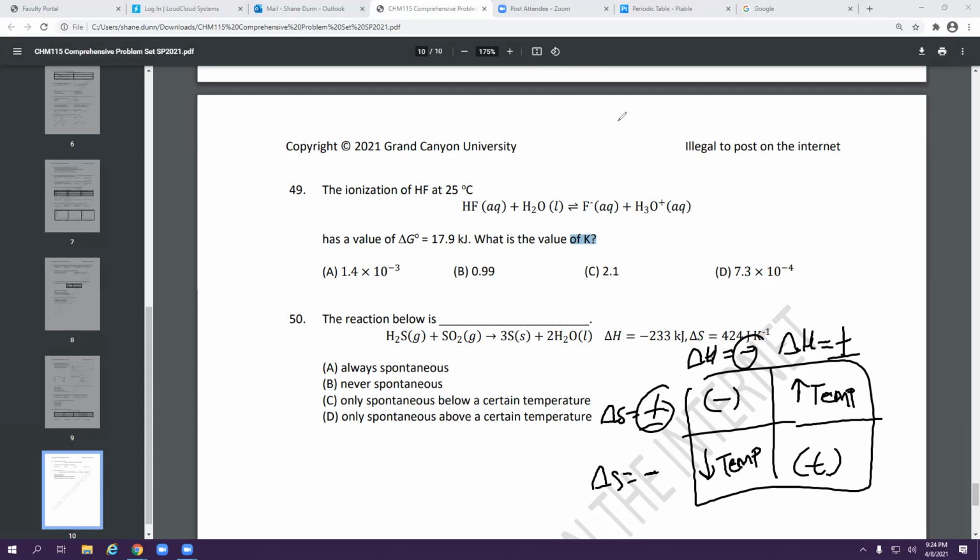So I have a negative delta H and a positive delta S. What does that mean? I am in this box right here, which is always spontaneous. Isn't too bad, no. Well, the last one took forever because it was all math problems. This one was all conceptual.